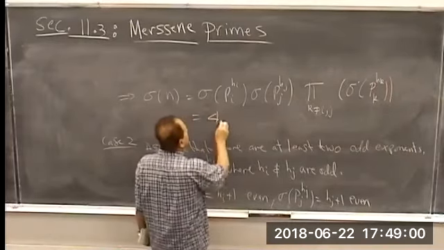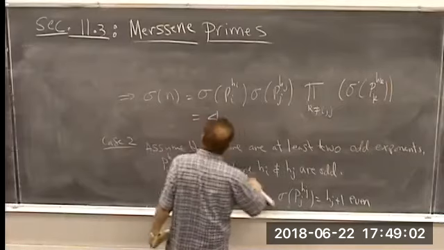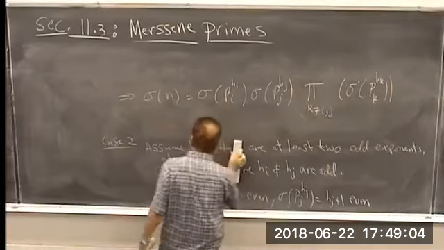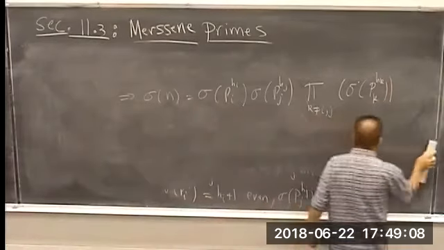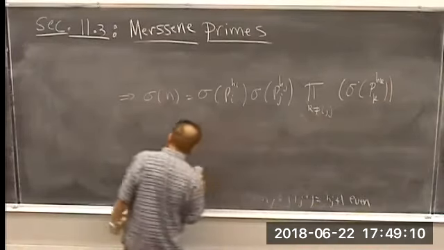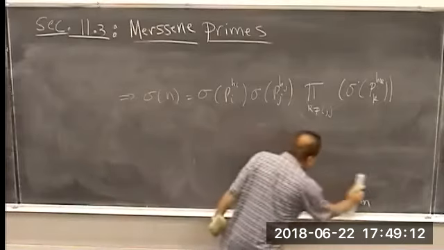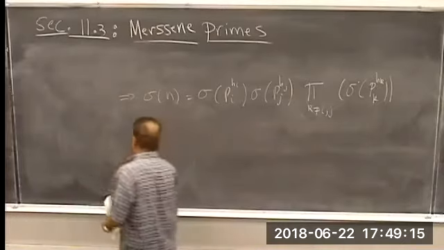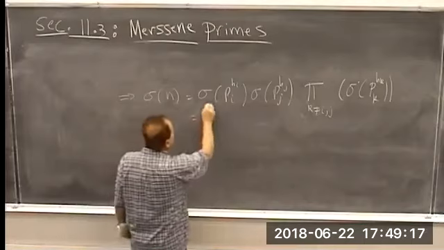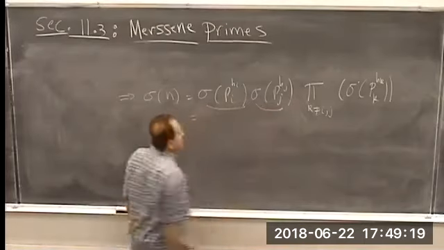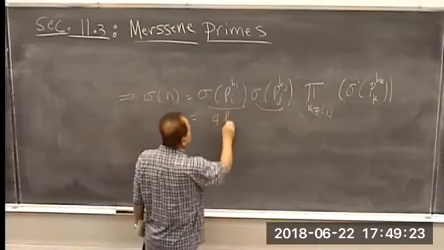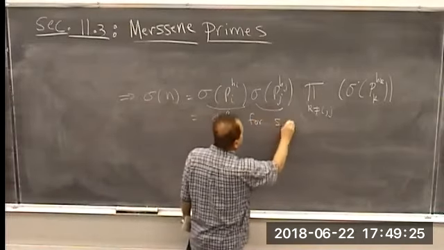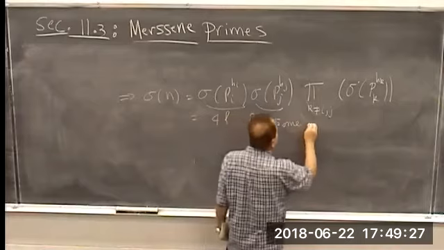Let me write it as 4L. This is because this one is even and this one is even, so we have 2 and 2 there. So this becomes 4L for some integer L.